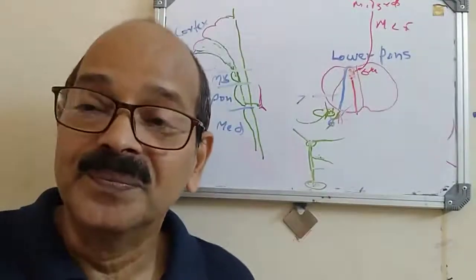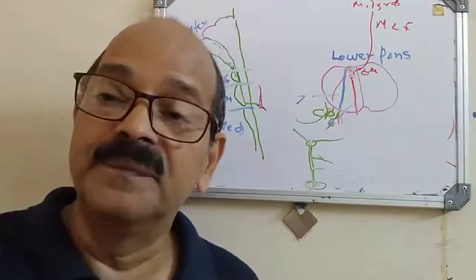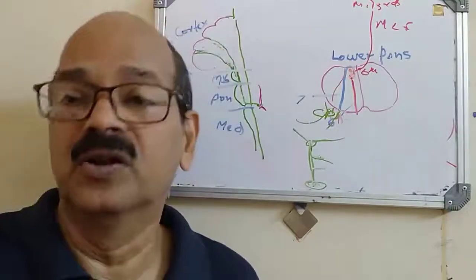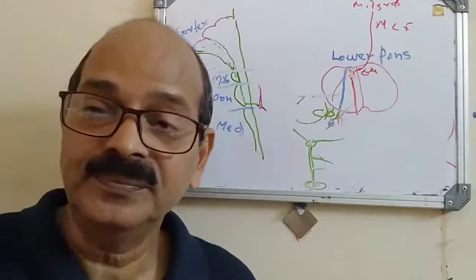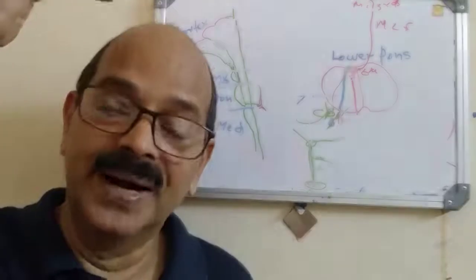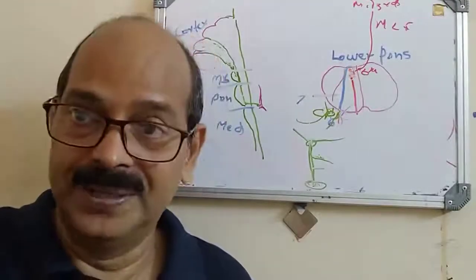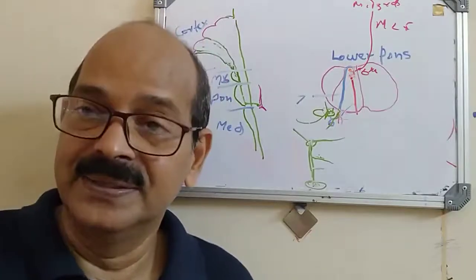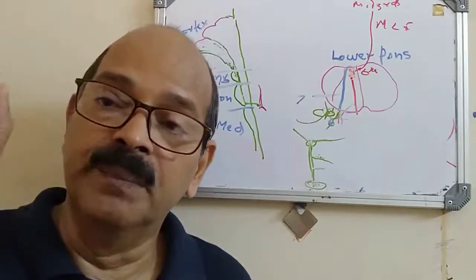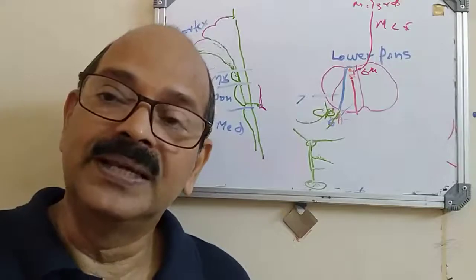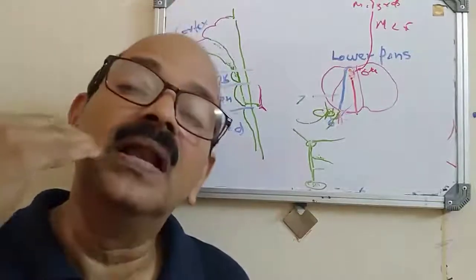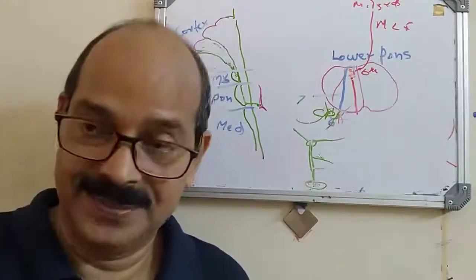That's a clue. If there is one side involvement, the other side will compensate. So the upper part has bilateral representation. In a unilateral UMN, you will get normal power in the upper part and weakness only in the lower part.